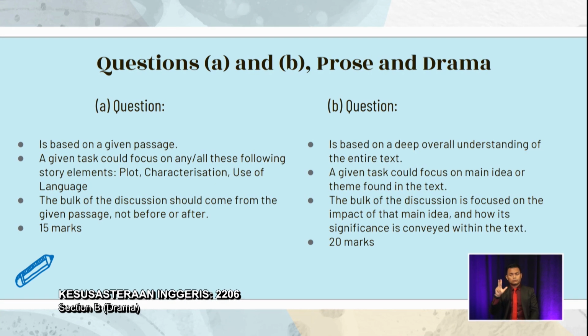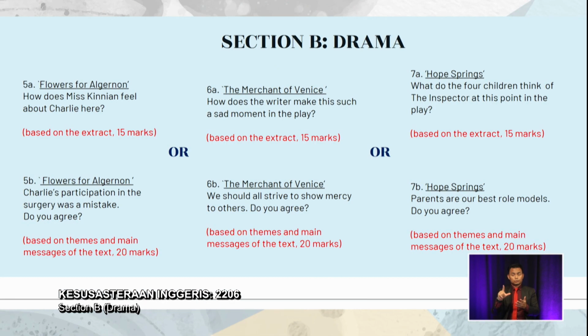Don't forget the ingredients for your recipe. All right? So let's take a quick look at what we have here. I've got questions for 5A and B coming from Flowers for Algernon, 6A and 6B coming from The Merchant of Venice, also 7A and B coming from Hope Springs.